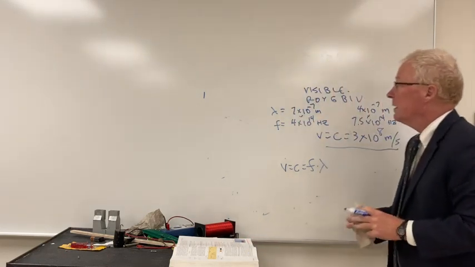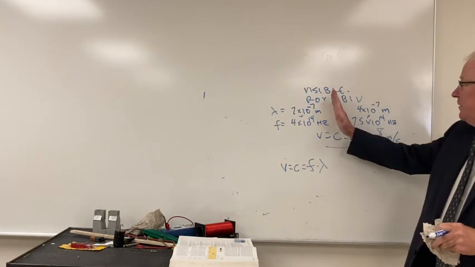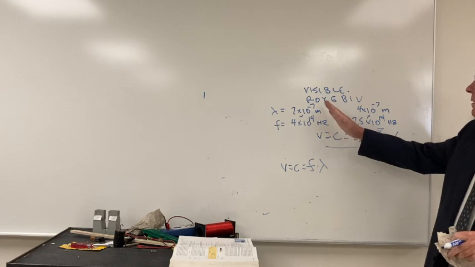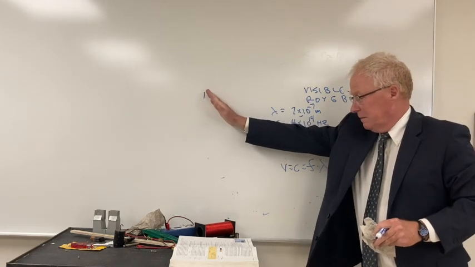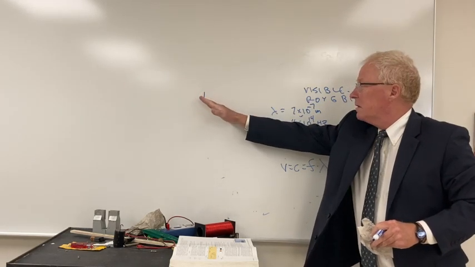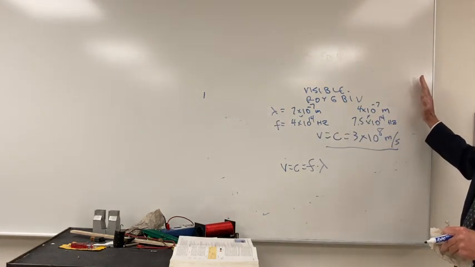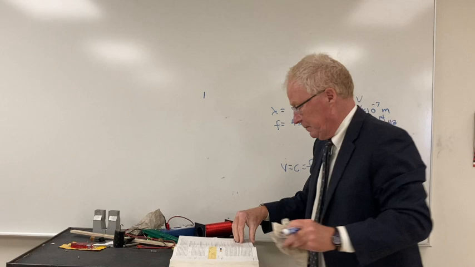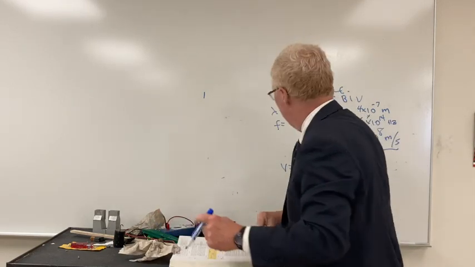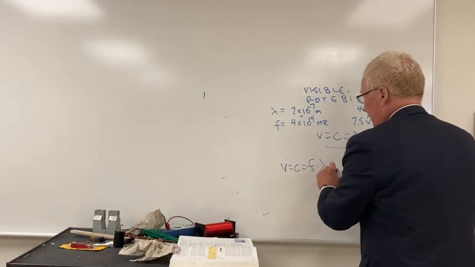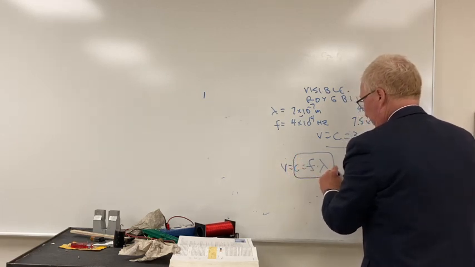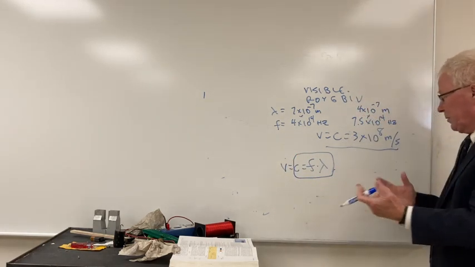And again, visible light is right in the middle. Long wavelengths, low energy here. Short wavelengths, high energy on this side. So we'll be using this expression, like what we've done before, so it'll be relationships between wavelength and frequency.